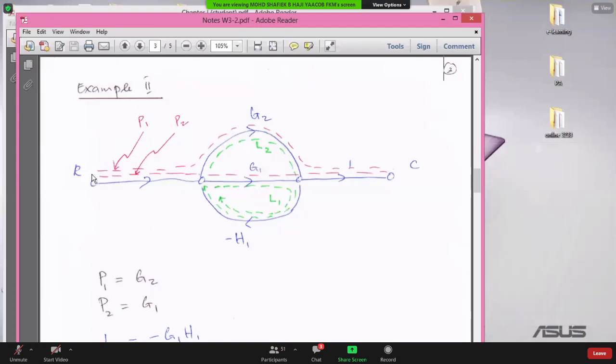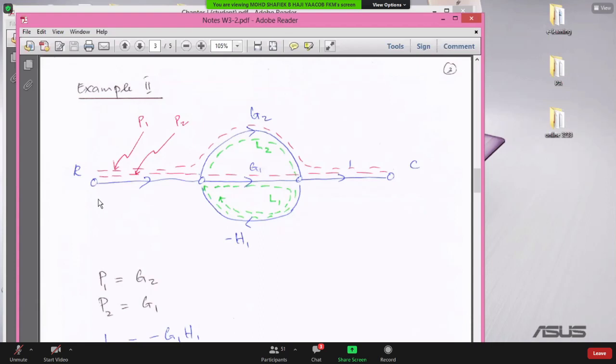From the input, P1 is the first forward path: you go up and then go to the output. Another way is to just go straight ahead. So we have two forward paths, P1 and P2. The red dotted lines represent the forward paths. Two ways you can go from input to output.